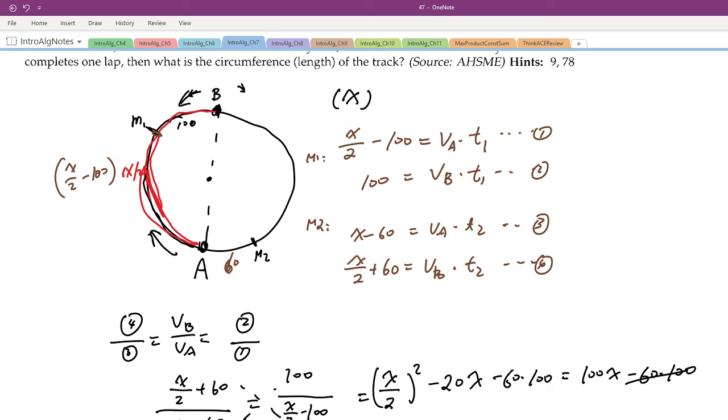So you can see this is gone, and the circumference can be either 0 or something else. It cannot be 0, so x cannot be 0. Now we have x over 4 minus 20 is equal to 100. So x equals 480, and the unit is yards.